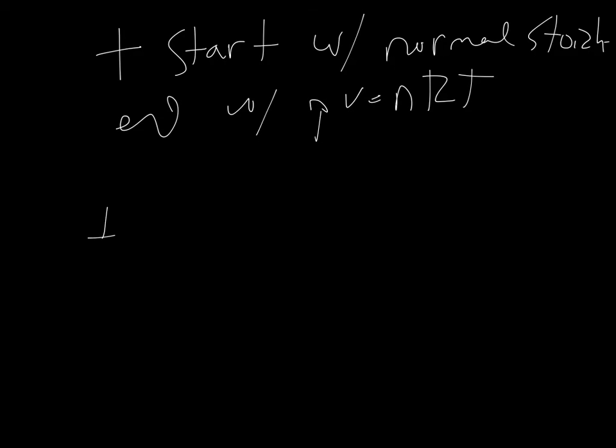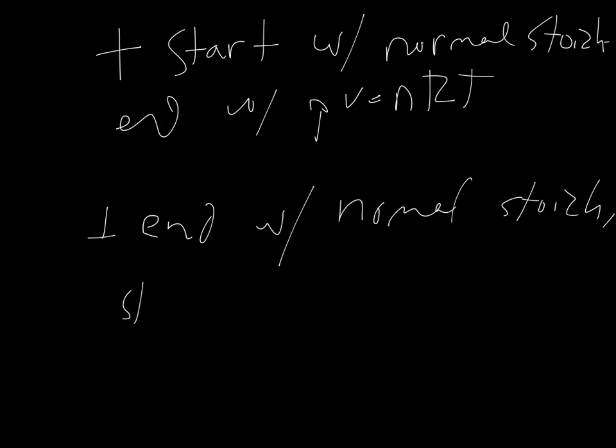The other thing you could do is end with normal stoich, which means you're starting with PV=nRT. And really, the way to figure this out is just do the reactions. If you get stuck, I'll answer questions on it in class on Friday. It's not meant to be crazy. What I need you to do is just run PV=nRT and then do a little bit of stoich, 1 to 2 steps. Or do a little bit of stoich and then run PV=nRT. Whatever it needs to do for the problem.